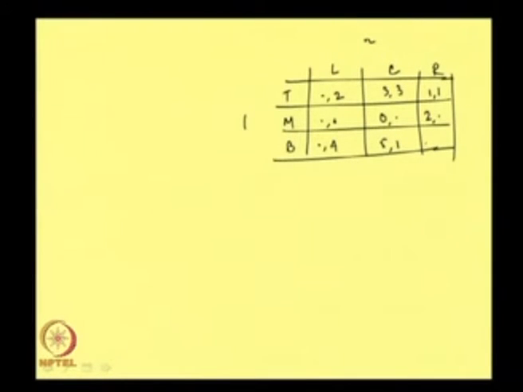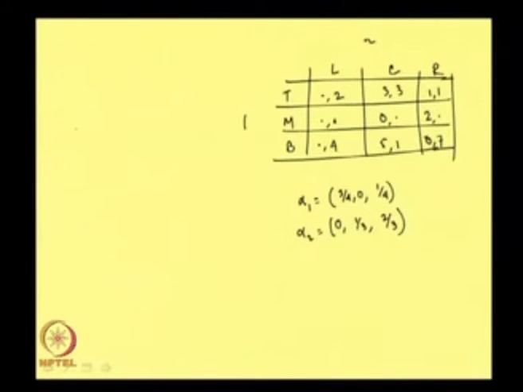So, we have dots here, and the proposition is that this and this constitute the mixed strategy Nash equilibrium.